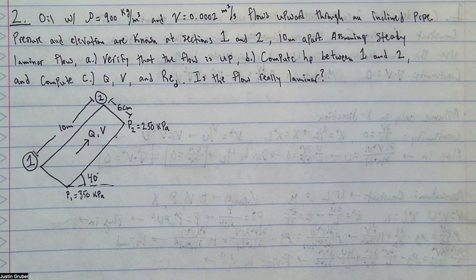Pressure and elevation are known at sections 1 and 2, which are 10 meters apart. Assuming steady laminar flow, A, verify that the flow is up. B, compute HF, the head loss between points 1 and 2. And C, compute Q, the volumetric flow rate, V, the velocity, and the Reynolds number with respect to diameter. And is the flow really laminar?